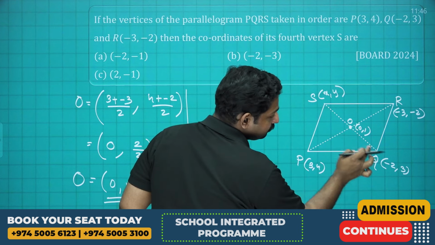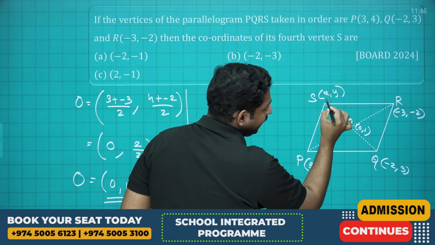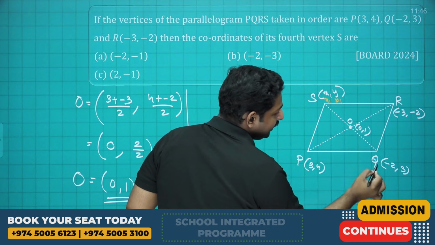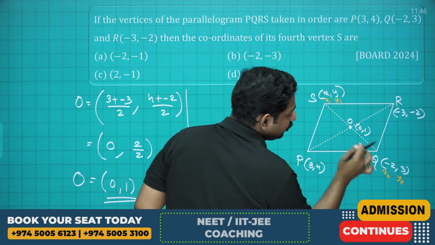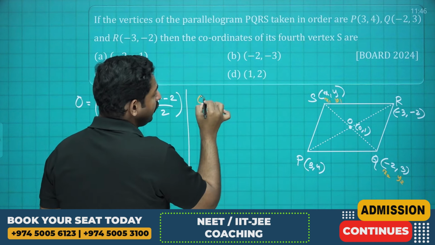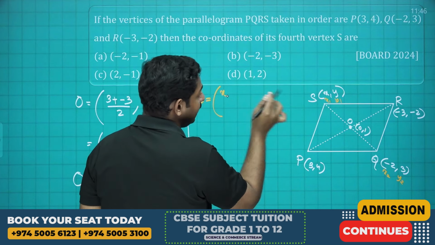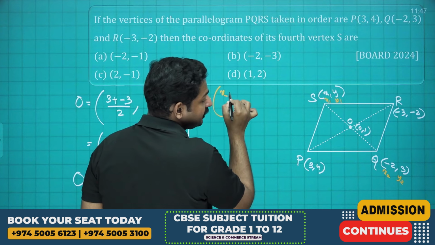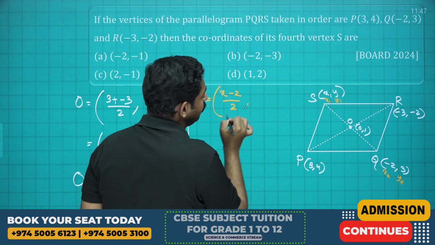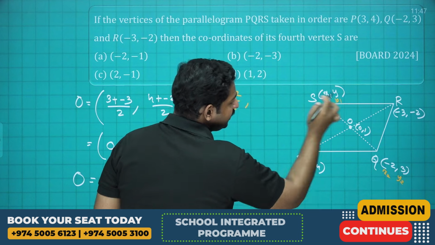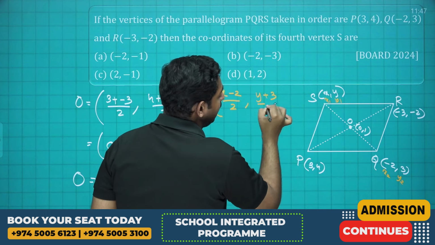When you take the line segment SQ, it can be taken as x1, y1 and x2, y2, and O is the midpoint. So O is equal to (x1 plus x2)/2, that is x1 is x, so (x plus minus 2)/2, x minus 2 by 2, comma (y plus 3)/2.